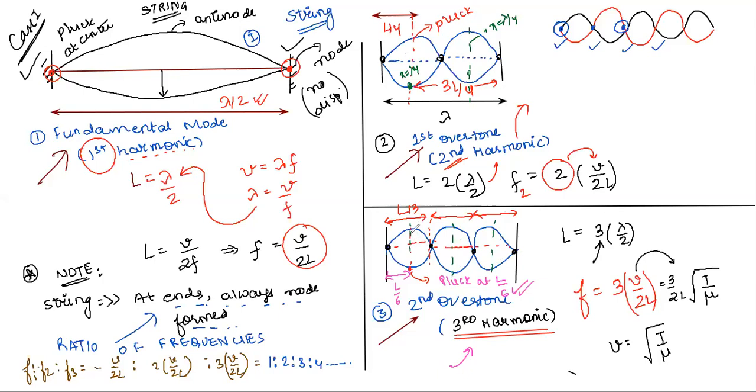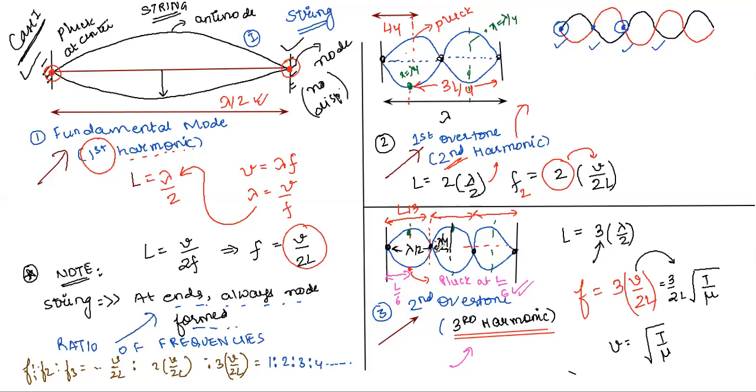Here the first antinode is formed at a distance x equal to lambda by 4. This one is 3 lambda by 4. See here, one node and one antinode are at a distance of lambda by 2, and one antinode and node are at a distance of lambda by 4.